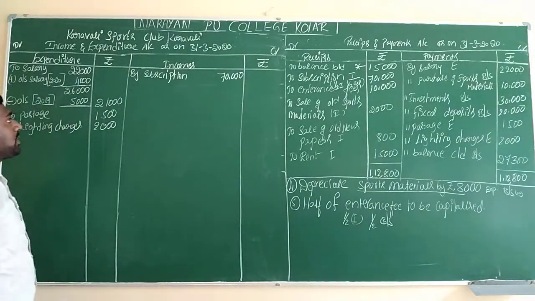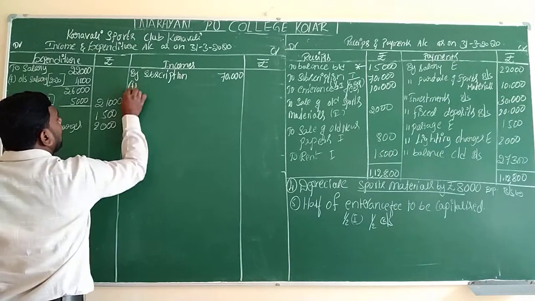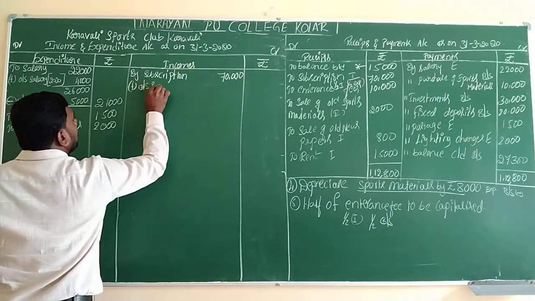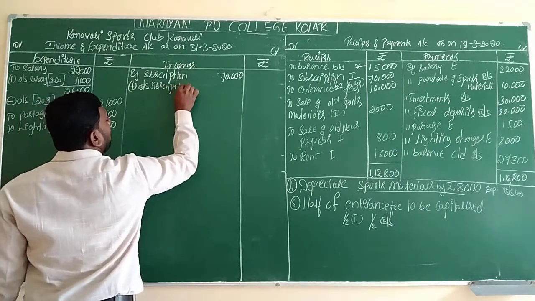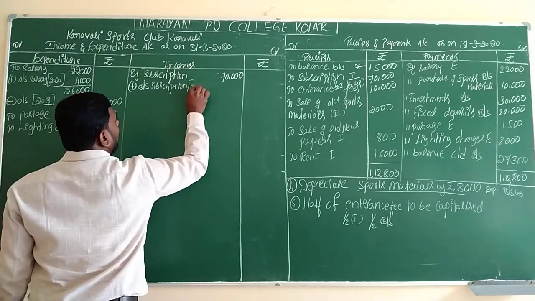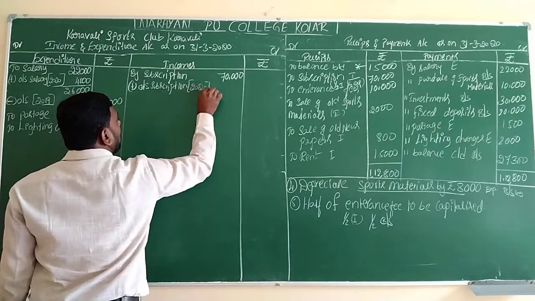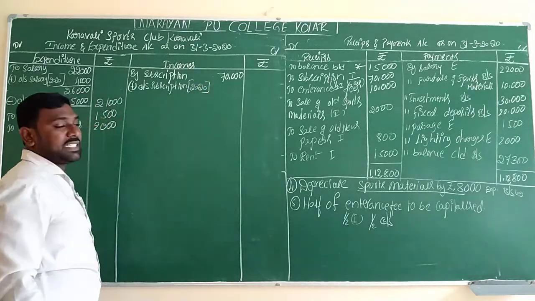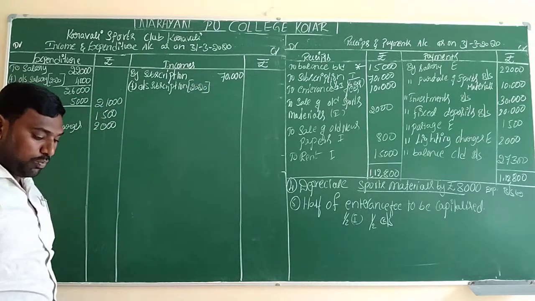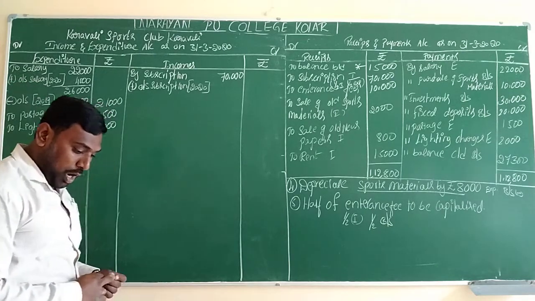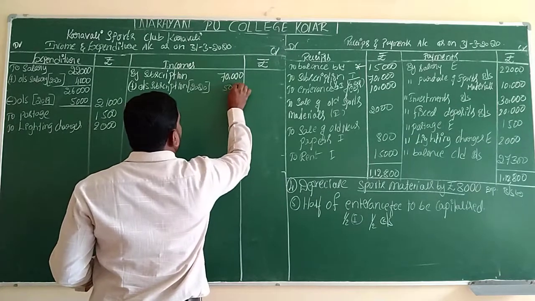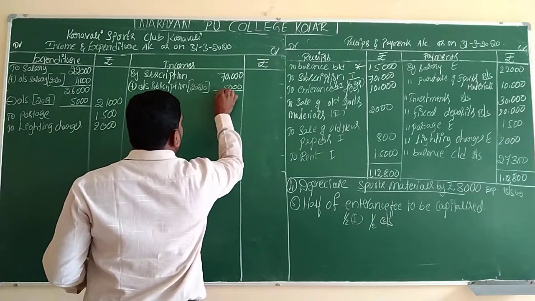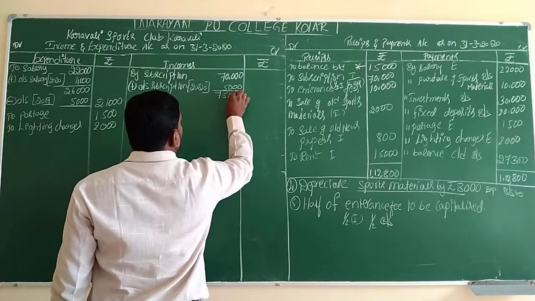For this subscription, we should add outstanding subscription. In bracket mention 2020 present year subscription, which is given in adjustment number 1, that is outstanding subscription 5,000. 70 plus 5, 75,000.